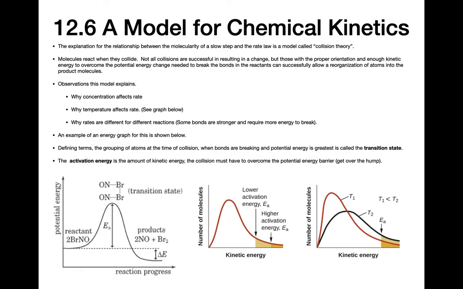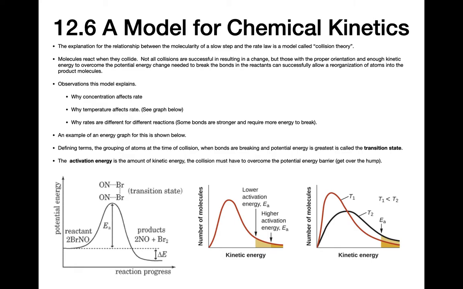So those are some terms, but that's really what's happening. You're starting with your molecules on the reactant side. They're colliding at the proper orientation with enough kinetic energy. Their kinetic energy becomes potential energy, and they go to the transition state. Then they reorganize to make the products, and their energy comes back down because they form bonds.